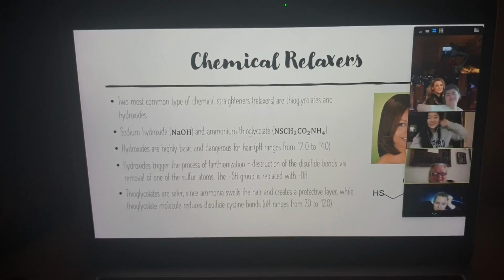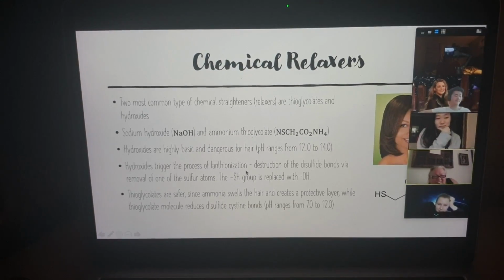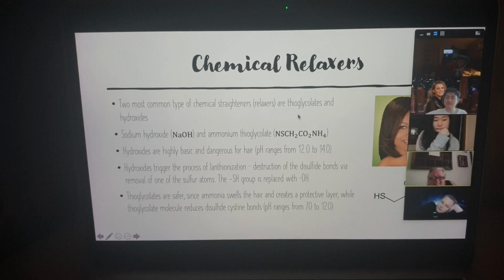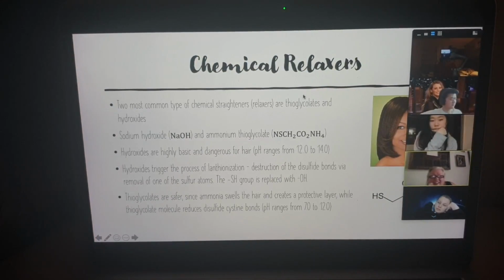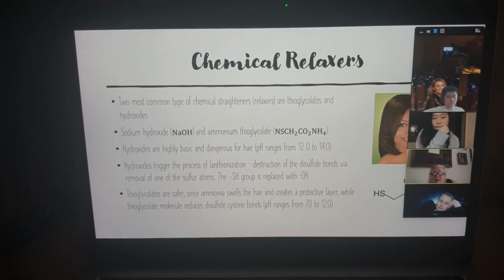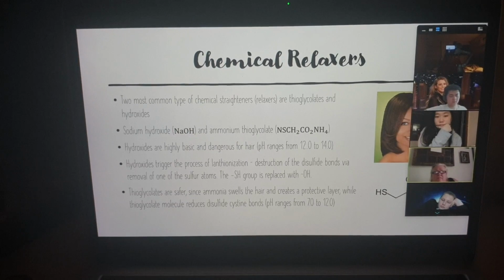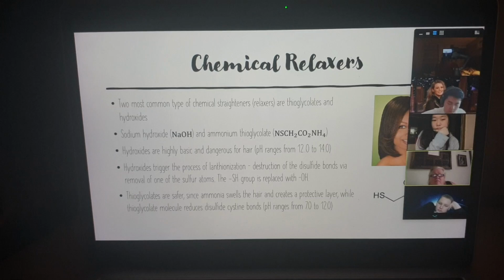And the most common hydroxide relaxer is sodium hydroxide, and it's the strongest and the most dangerous and destructive relaxer. Hydroxide relaxers are really dangerous, and only specialists should apply them and be careful.